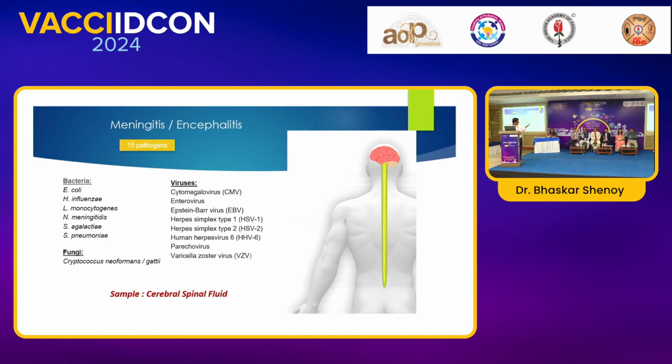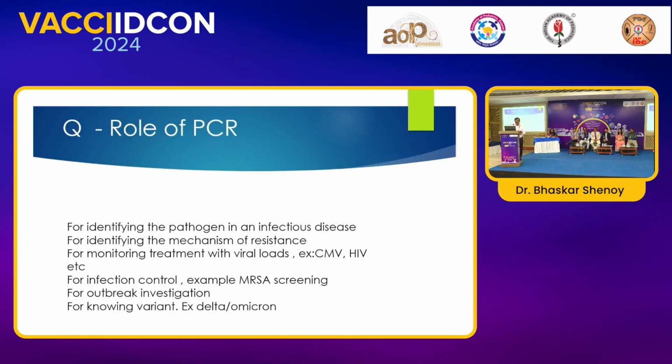What is the role of PCR in general? Where it helps? What are the other uses of PCR? Sir, PCR definitely helps in identifying the infectious agent.